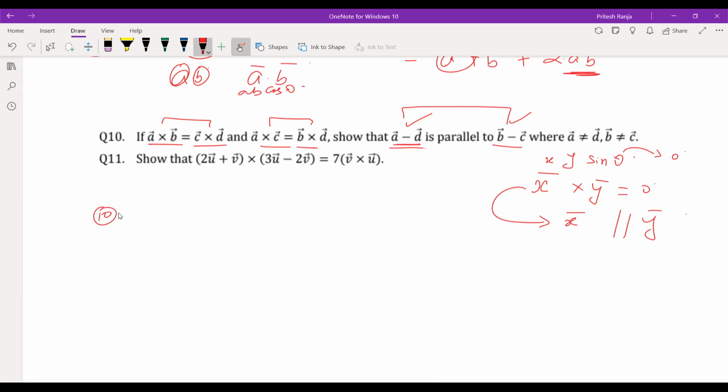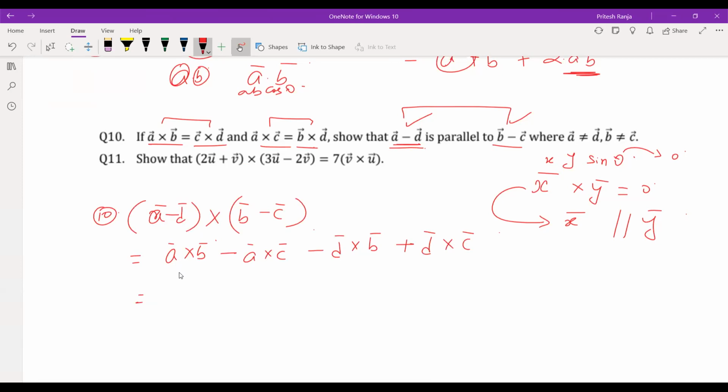So if you look here, a minus d cross b minus c. Now just expand it mathematically. So a cross b minus a cross c minus d cross b plus d cross c.